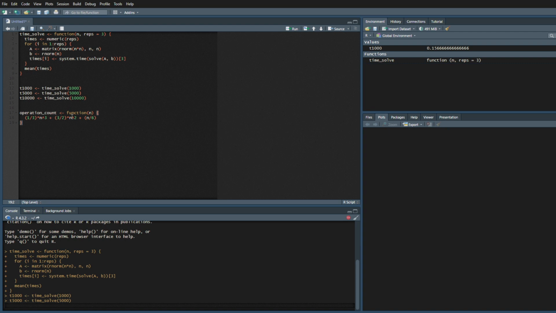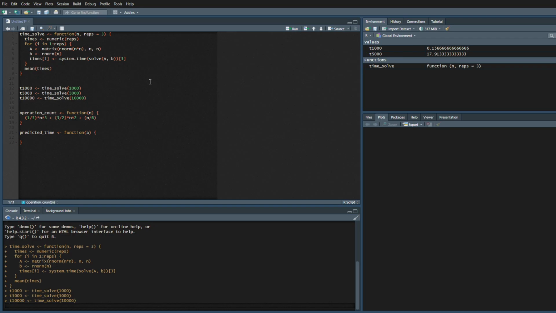And now what I want to do is write a function that will predict the amount of time that it will take the computer to solve a system of equations. Now, I don't really know how long it's going to take R to solve a system of equations, but I can figure out how long it will take for R to solve a 1,000 by 1,000 system of equations, and then I can try to estimate how long it's going to take to solve larger systems based off of that.